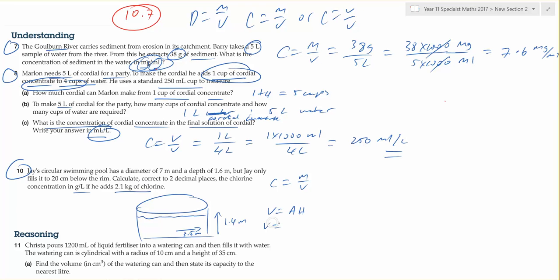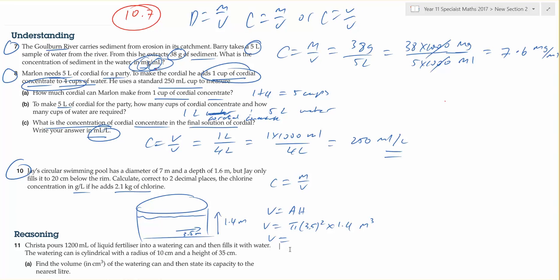Area is the cross-sectional area, and the cross-sectional area of the cylinder is the circle. So it's pi times 3.5 squared times the height, which is 1.4. And my answer would be in metres cubed, because we're talking about volume, and the units we use to calculate volume are in metres. So let's calculate what that is.